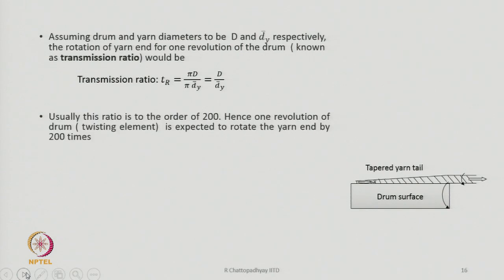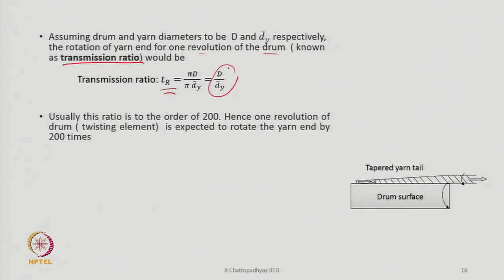Assuming the drum and the yarn diameter to be capital D and small dy respectively, the rotation of the yarn end for one revolution of the drum is also known as the transmission ratio. So, transmission ratio T here is pi D by pi dy.